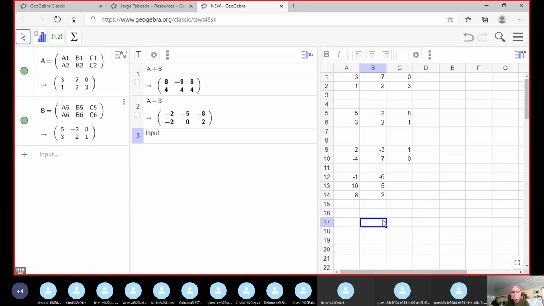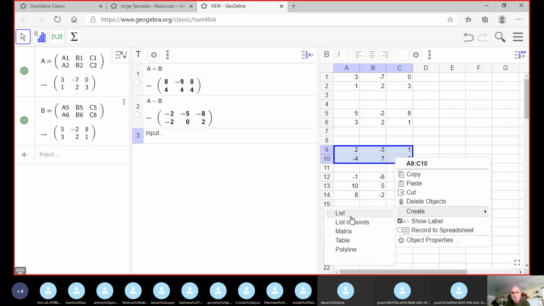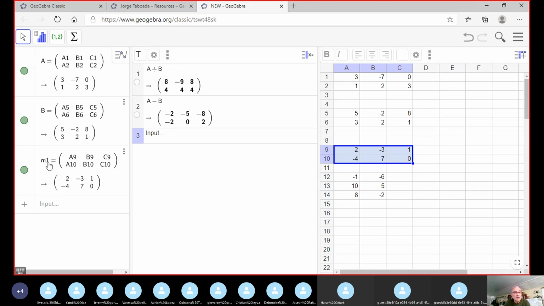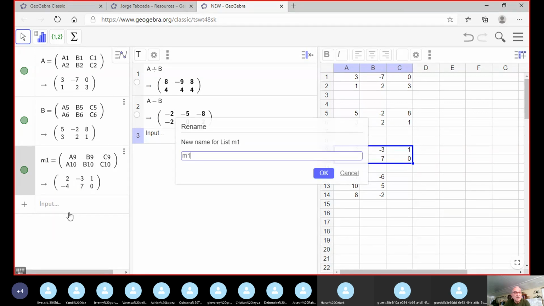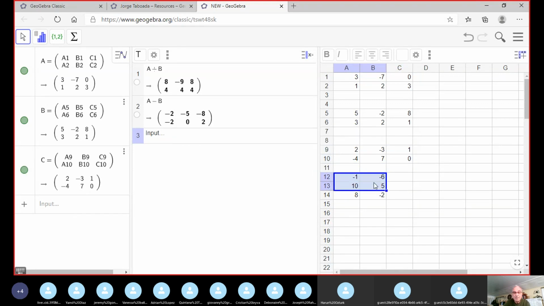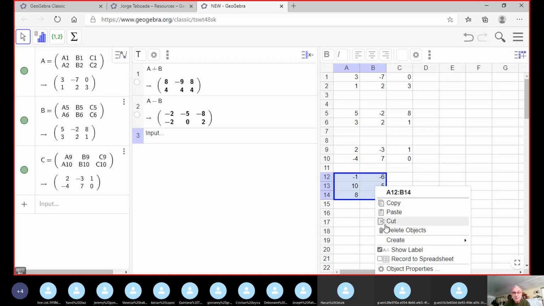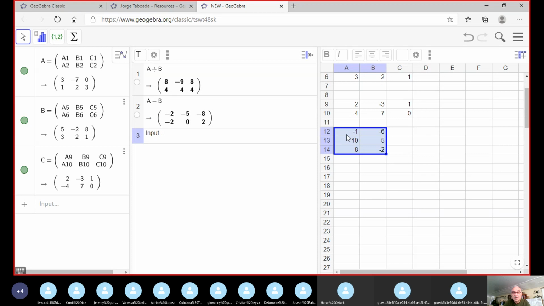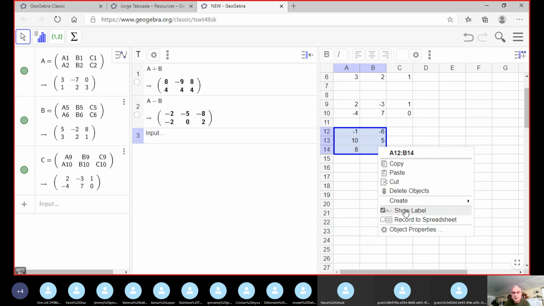I select the first matrix, create matrix. Boom, and I change the name to matrix C, capital C. Now, likewise, select, right click, create matrix.